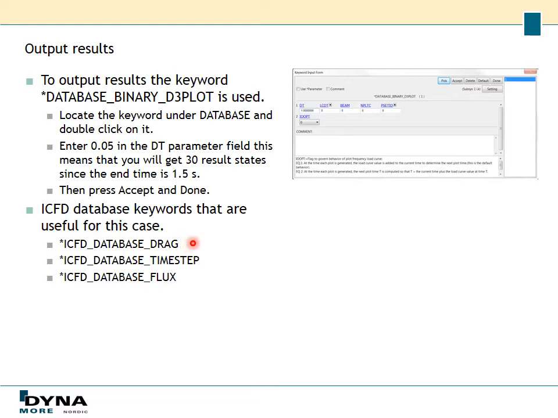The drag keyword outputs the drag forces on a given body or part, and the eCFD database time step outputs a file with the solver's time steps and the CFL time steps. And eCFD database flux outputs the volume flow rate over a part. So in this case, use it for the inlet and outlet, part 1 and 2.